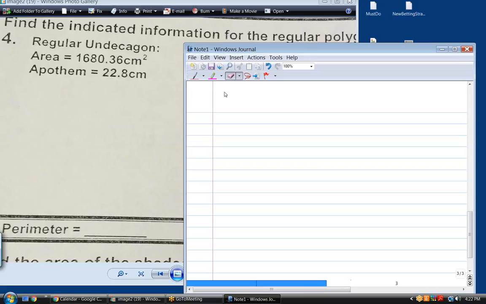All right, so what's the general formula for the area? A equals 1/2 ASN. Okay, and what do we have here? So tell me what to write next. Hold on.